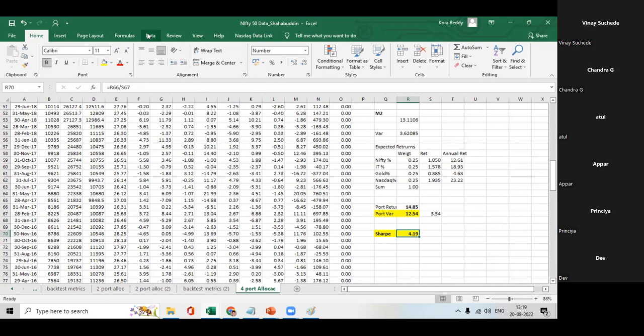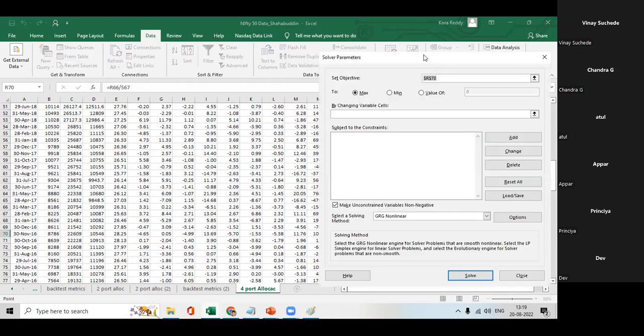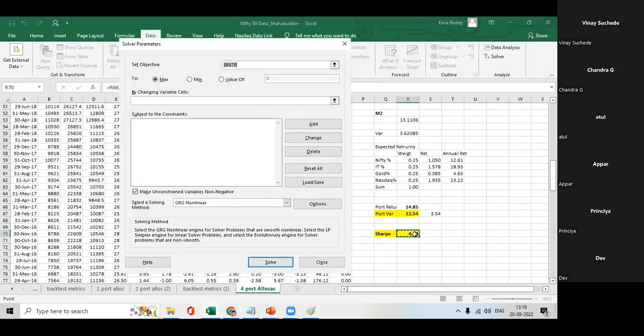Data, Solver. Solve what? This one to be maximum by changing these variables.